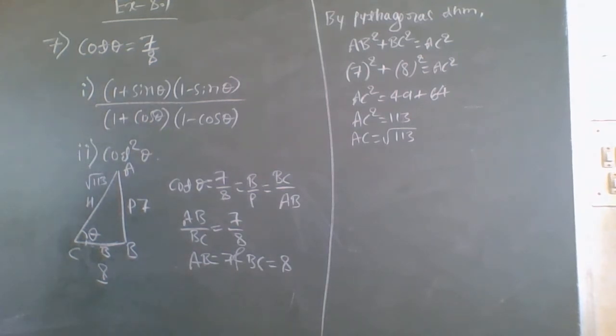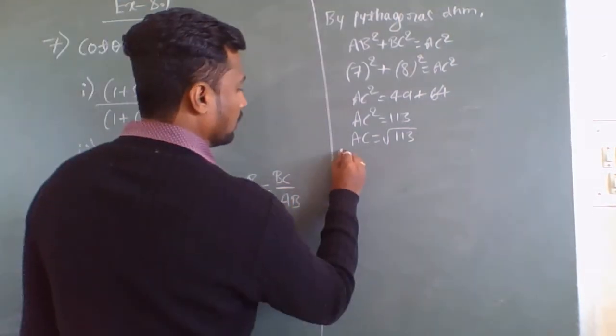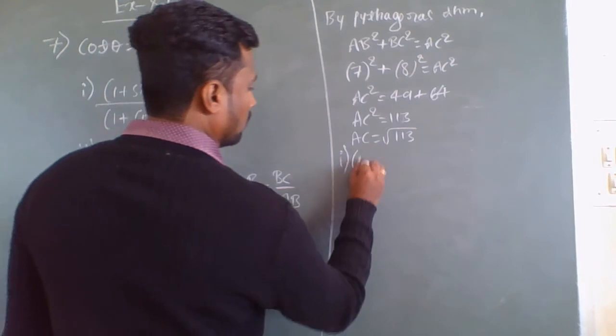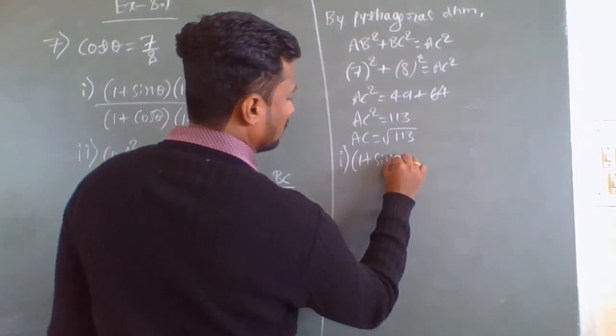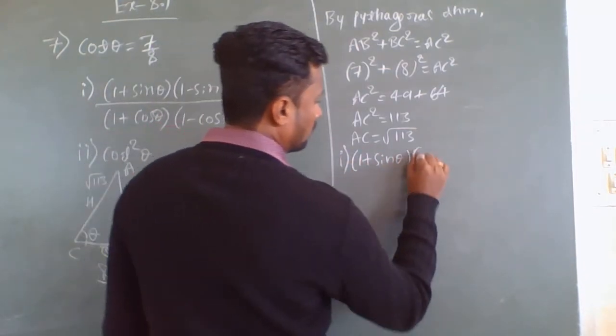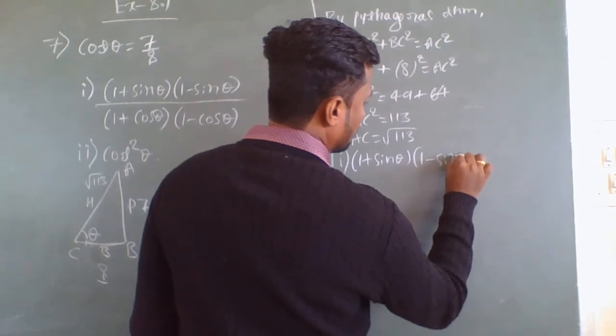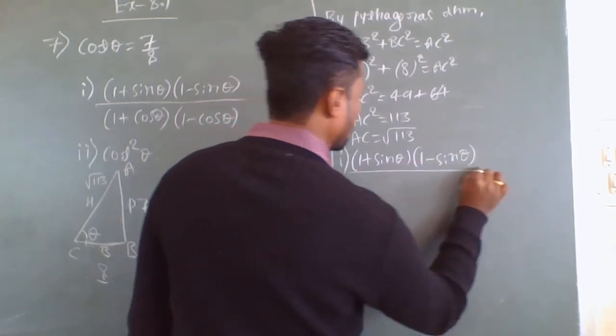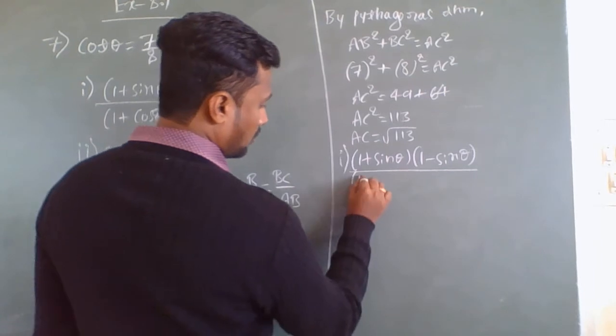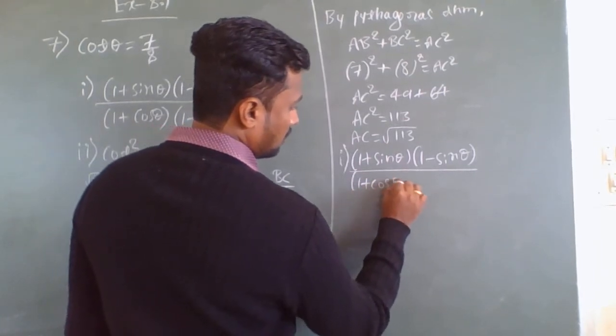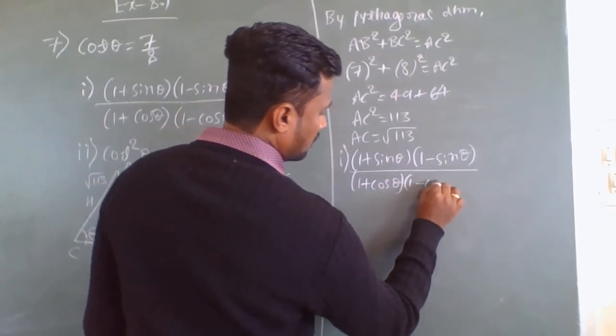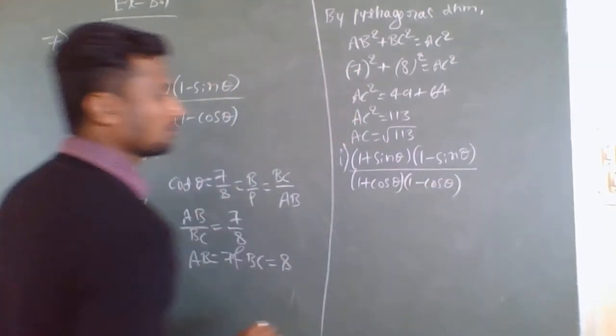Here I will consider this first problem. What is given here? 1 plus sin theta times 1 minus sin theta, divided by 1 plus cos theta times 1 minus cos theta.